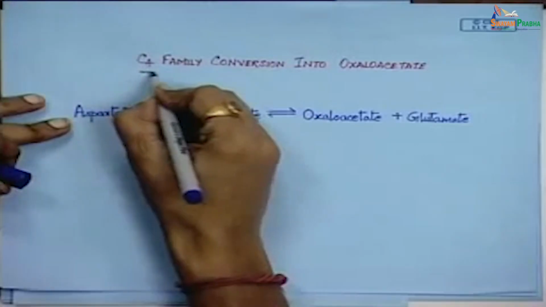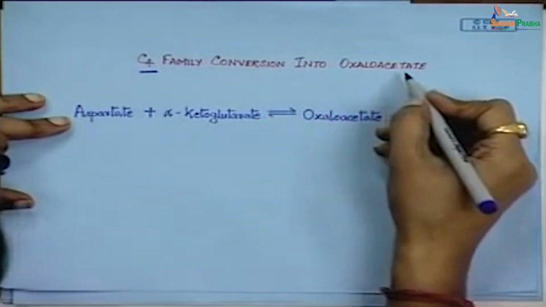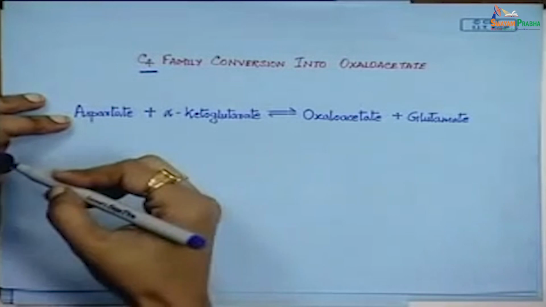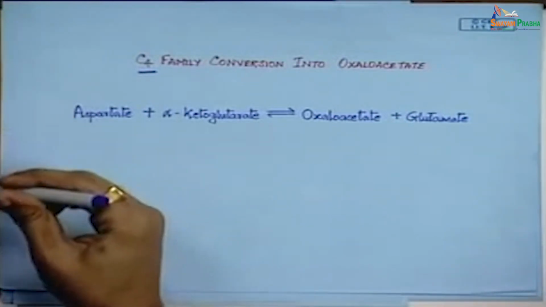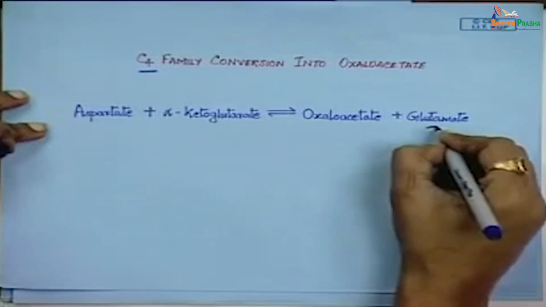If we see the different families, the C4 family conversion into oxaloacetate, we have seen that N-acetyl glutamate plays a significant role in operating carbamoyl phosphate synthetase 1. So, that enzyme depends on glutamate, which plays a significant role.